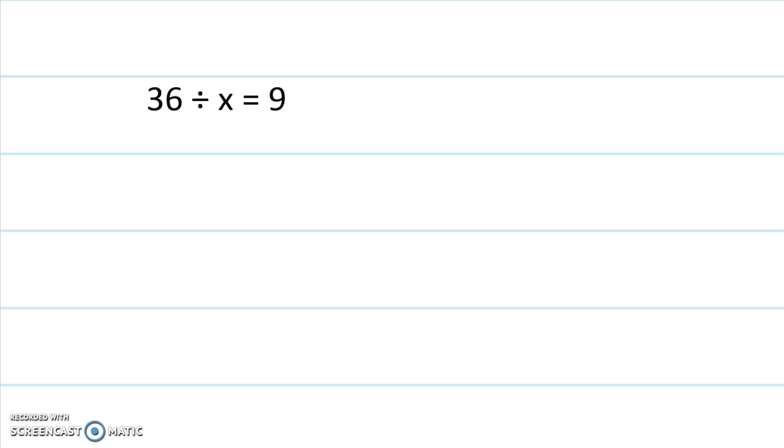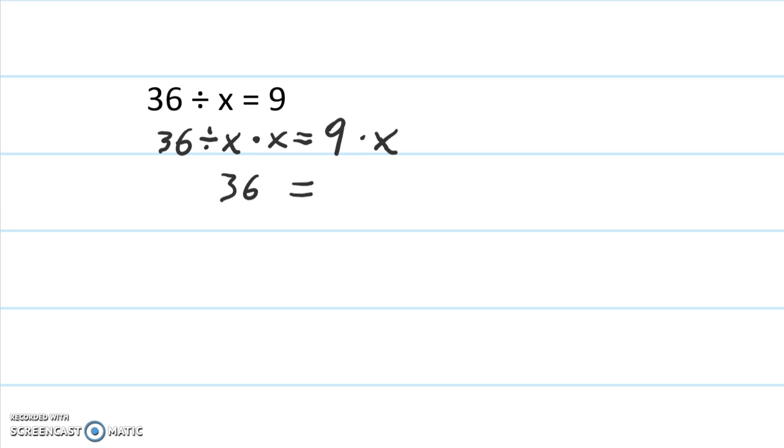We need to move the x over to the other side before we can do anything else. 36 divided by x times x equals 9. And if we just multiply it by x, we have to multiply it by x on this side as well. Now that we have done that, we can see that these x's here will cancel out to give us a 1. 1 times 36 is still 36.